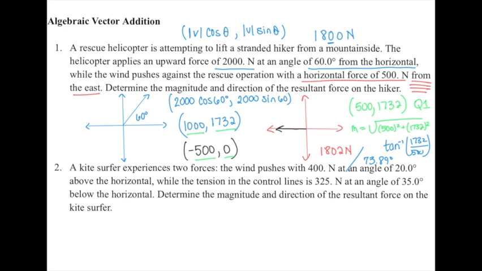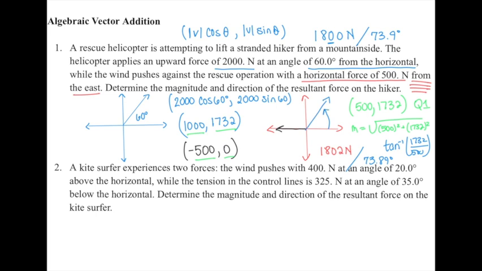Okay? Significant digits there. My angles. What do I need to do to get that to 3 significant digits for my angles? Round up. 73.9 degrees. However, 73.9 degrees, that's not how they gave me these directions. So how do I actually need to give those directions back? My resultant ends up right here.